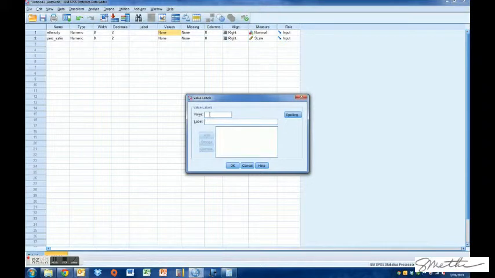Back to the values, we want to create some values. So a value of 1, let's say, is Caucasian. Value of 2, let's say, is African American.